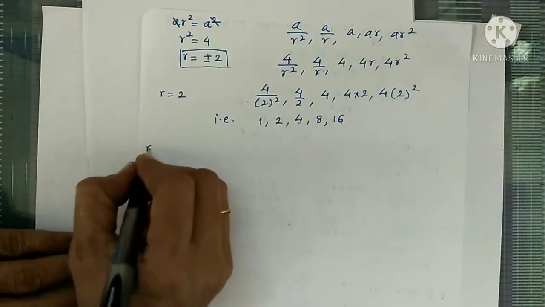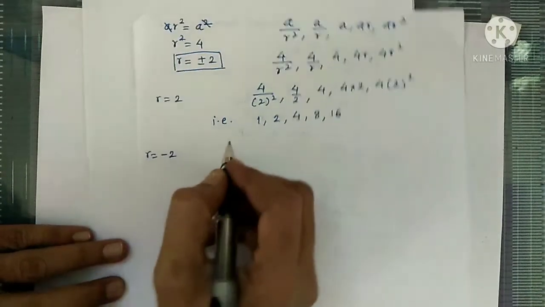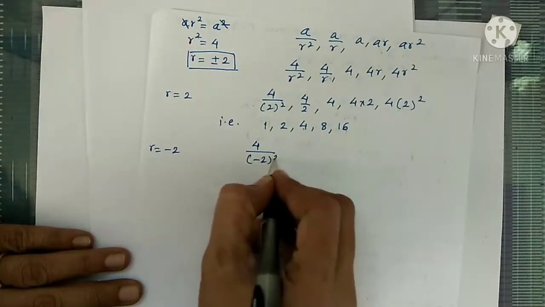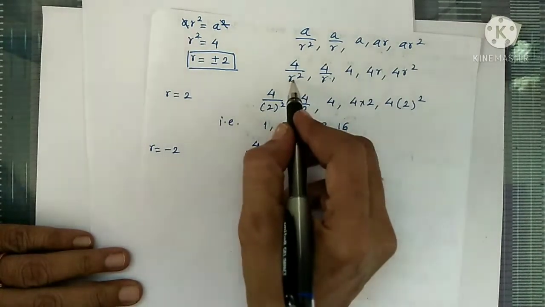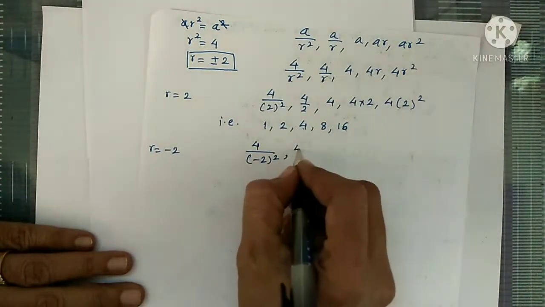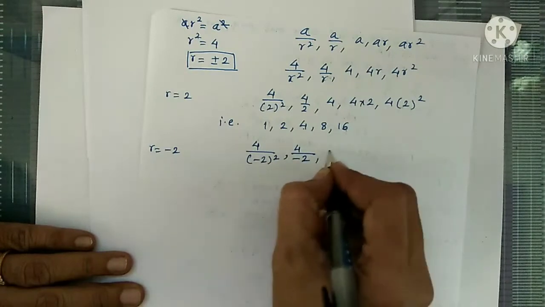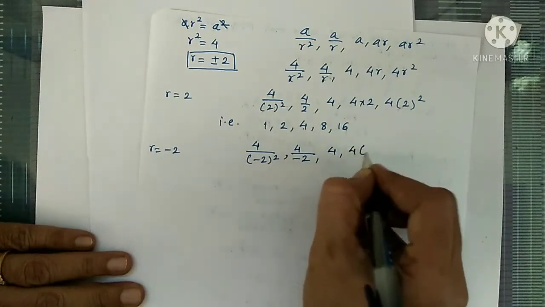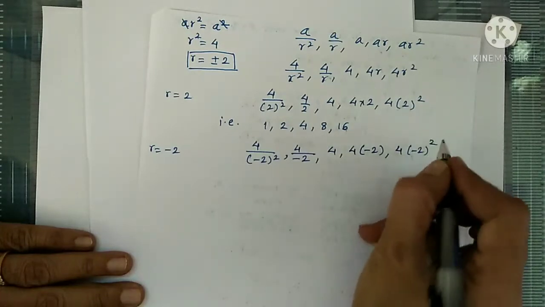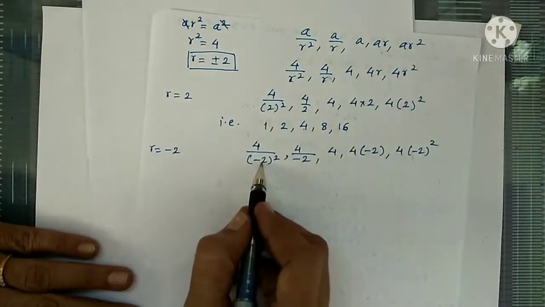Okay. So let's put R equal to minus 2. In that case, we get 4 upon minus 2 square. I am substituting R in this sequence. So 4 upon minus 2 square, 4 upon minus 2, the next one is 4, the next one is 4 into minus 2, and the last one is 4 into minus 2 square. Now minus 2 square is 4.